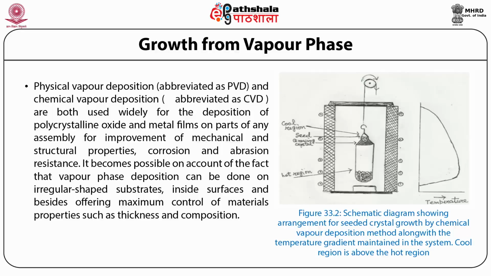It becomes possible on account of the fact that vapor phase deposition can be done on irregular shaped substrates, inside surfaces, and besides offering maximum control of materials properties such as thickness and composition.